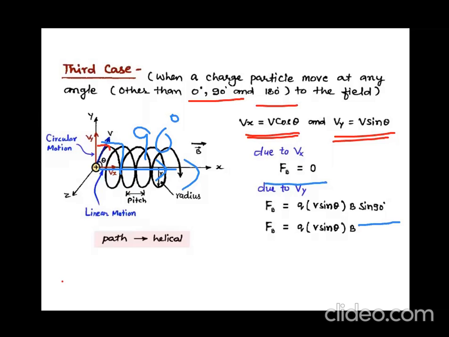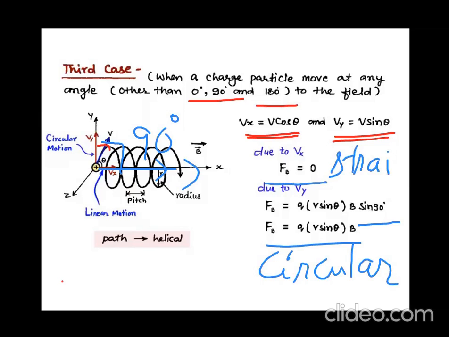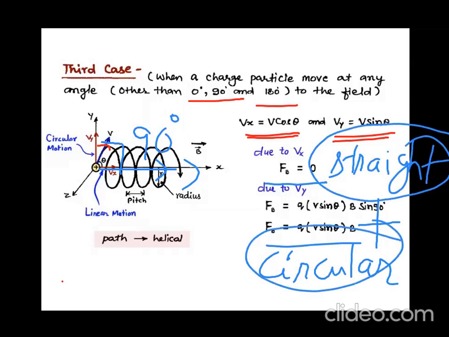So here your magnetic force due to vy is qvB sin theta, and we have seen that because of this the charge is going to move in a circular path, and because of the other component the charge is going to move straight, and because of the combination of straight and circular, finally your charge moves in a helical path.